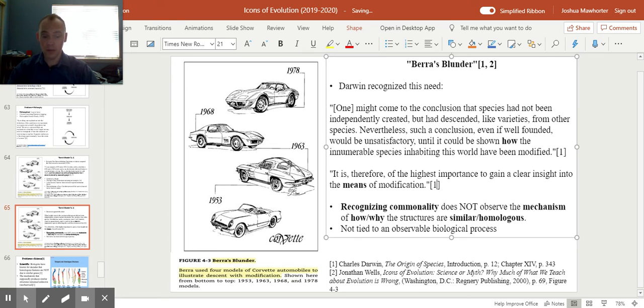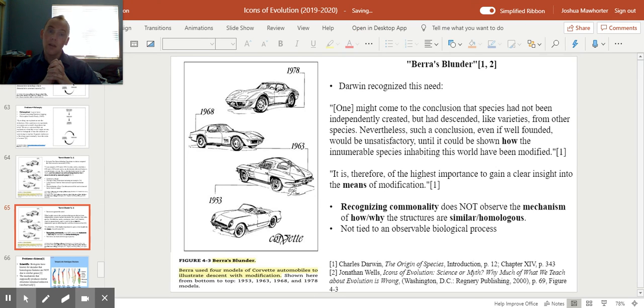Nobody should be debating that. That being said, if we're going to posit that that's because they had an ancestor in common, we need to know the means of how they got from the ancestor in common down to the horse, the man, the bat with these homologous structures. Now, Darwin thought it was through natural selection.